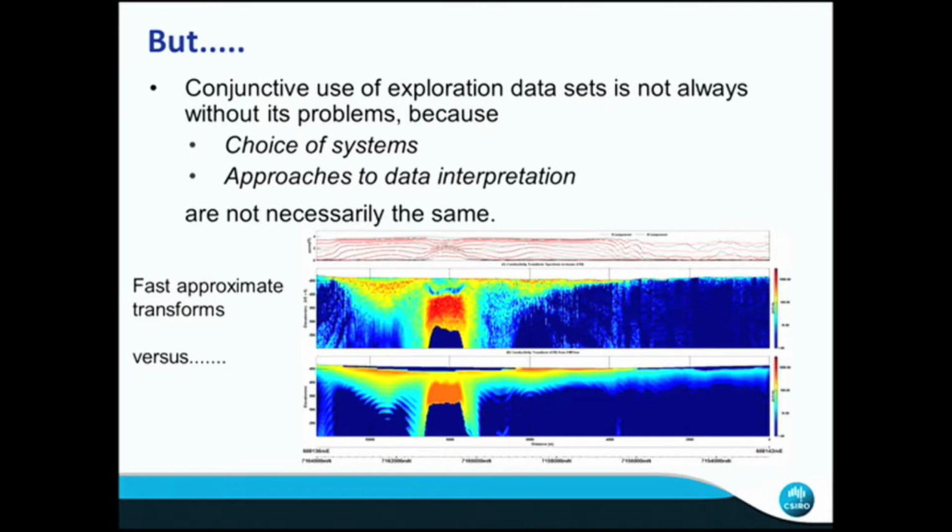So we go from things that these are sections through the earth, shown here in the lower two sections here, that tell us about the three-dimensional conductivity structure of the ground.